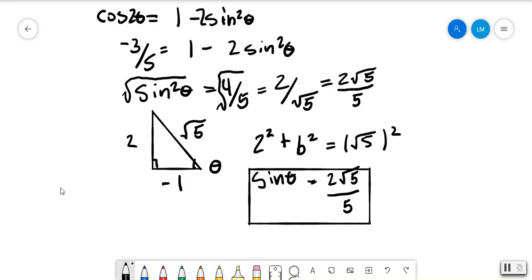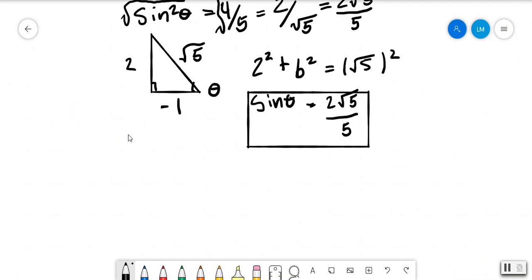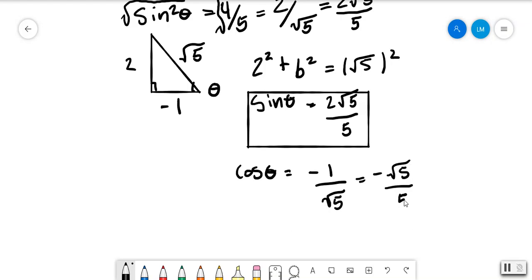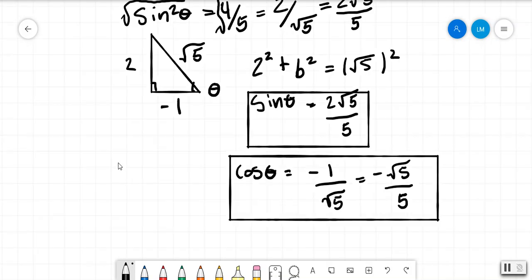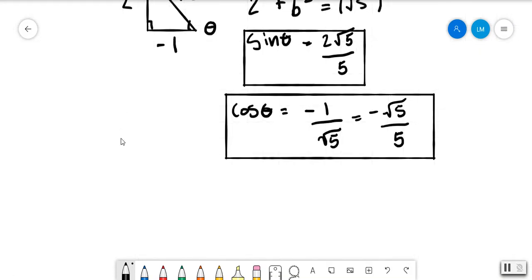Now, all that we need to do is find cosine as well. So cosine of theta is equal to -1 over root 5. But that's the same thing as negative root 5 over 5. So that tells me that cosine is negative root 5 over 5. But I also need to find the tangent.